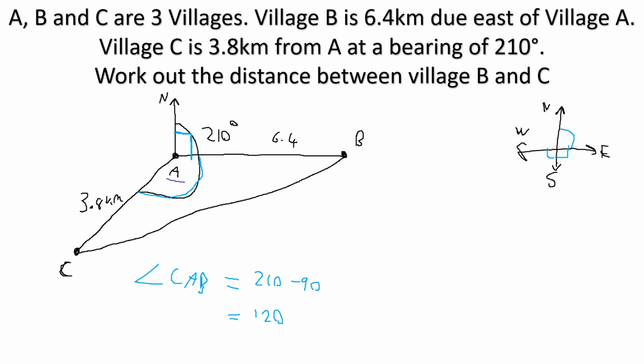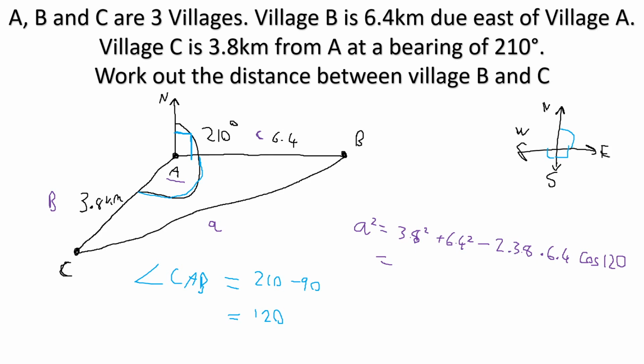I'll let this be A, this will be my C, and this will be my B. So then A squared is simply equal to B squared, which is 3.8 squared, plus 6.4 squared minus 2 times 3.8 times 6.4 cos 120. Okay?